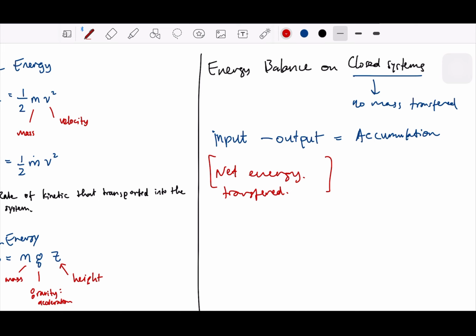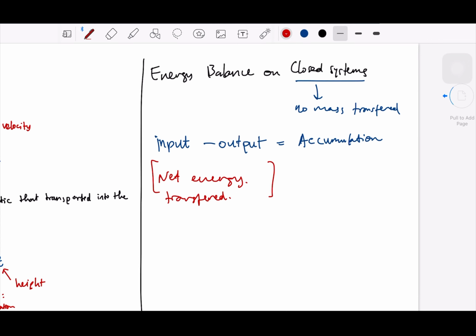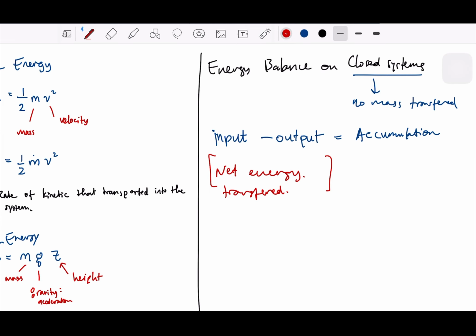So when we have this input and output, the difference between those two will be the net energy transfer. And it will equal the accumulation, in which the accumulation is the final system energy minus the initial system.